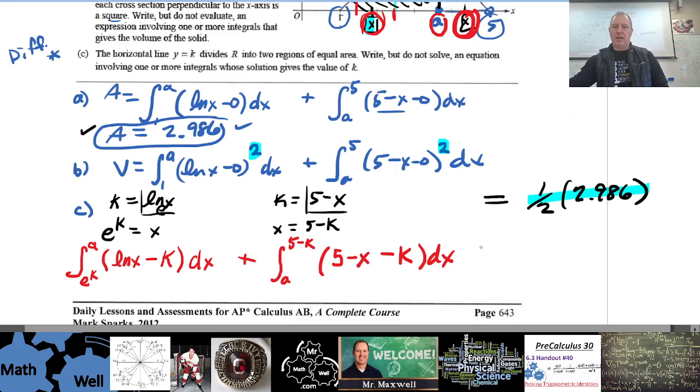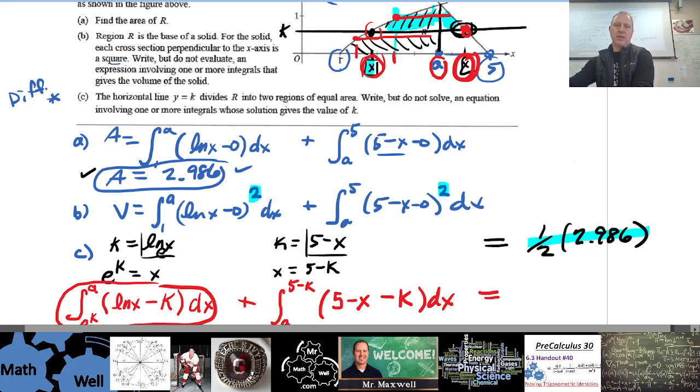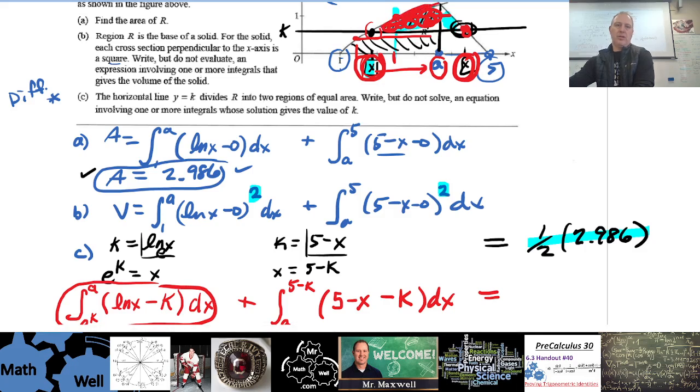And that's going to have to equal, basically, half of this integral, which represents half of this area here. It actually represents the top area because it's going from the x to the a. So it's the top area, where ln x is the upper function and k is the lower function.